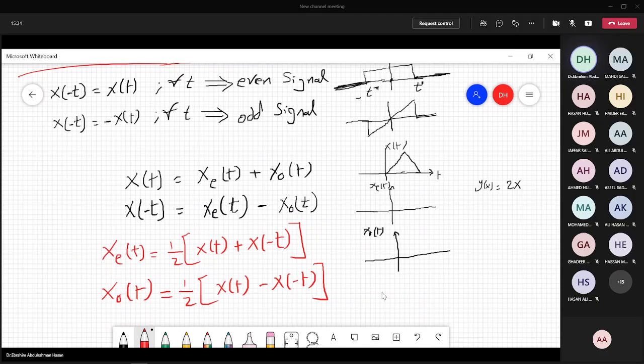So to find even and odd, you need to find x of minus t, then add x of t to x of minus t divided by 2 to get the even part, and subtract these two and divide by 2 to get the odd part.